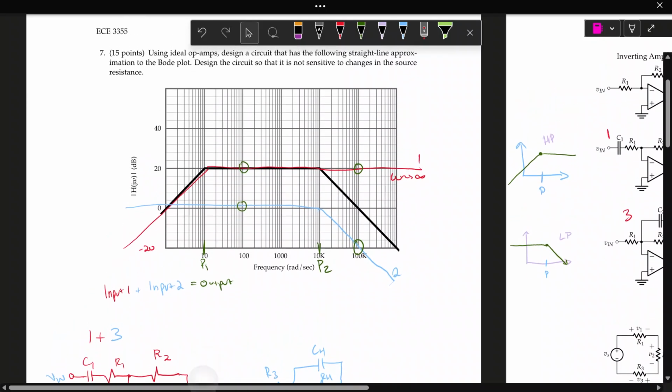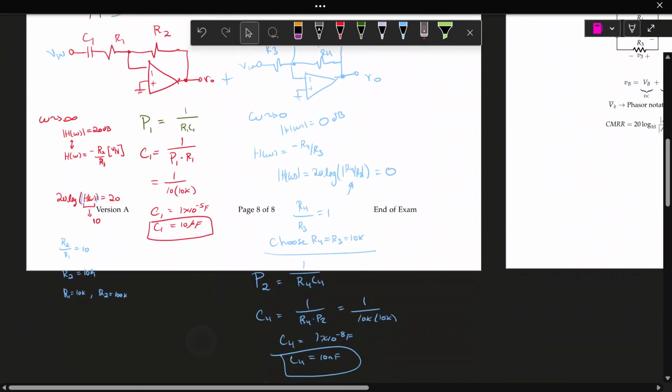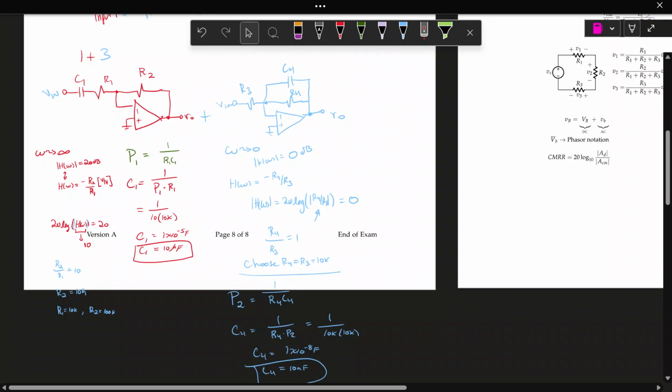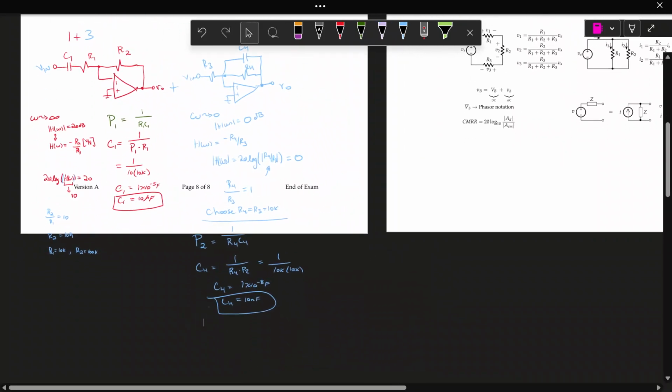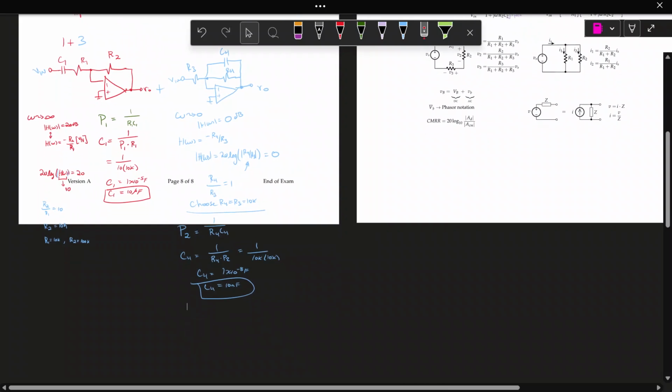Design the circuit so that it is not sensitive. Okay, so we would have to choose large enough values, essentially. If we choose large enough values for R1 and R2, we can make the source resistance, 50 ohms, 100 ohms, however much, negligible. So we could pick 10k ohms. That's perfectly fine. It'll become negligible. So it does not matter which input we use.